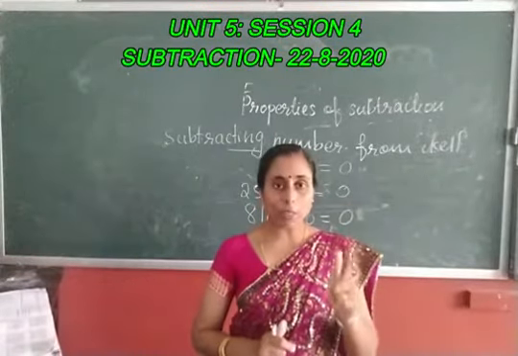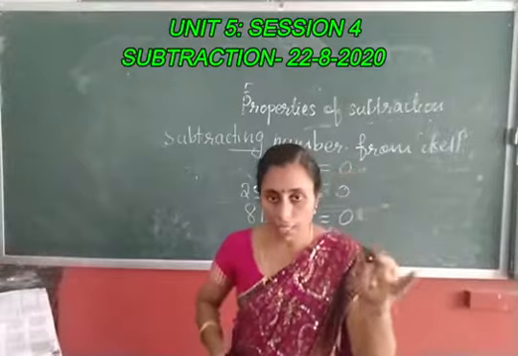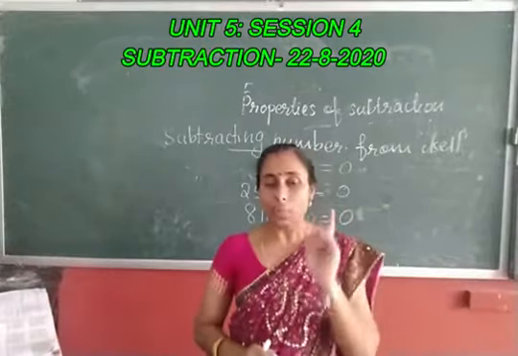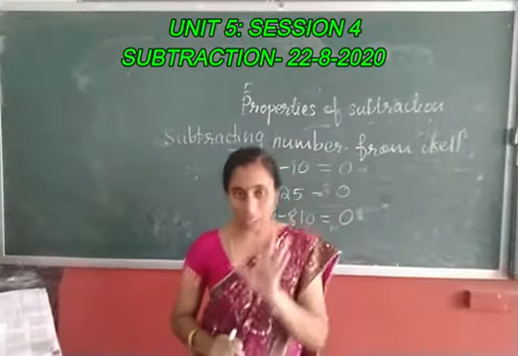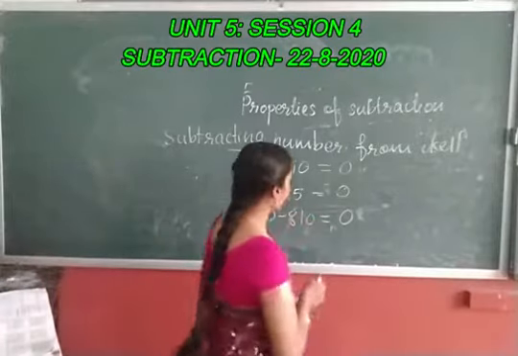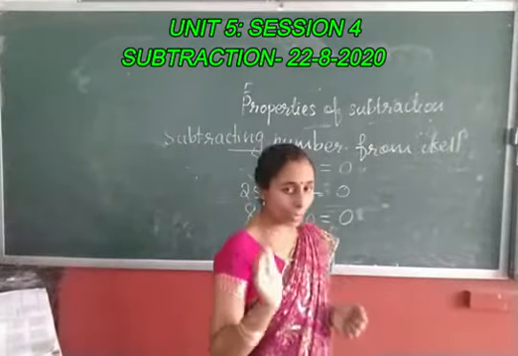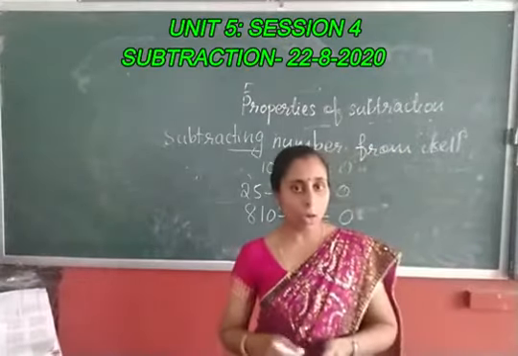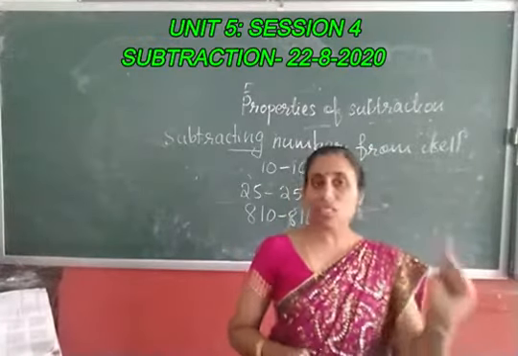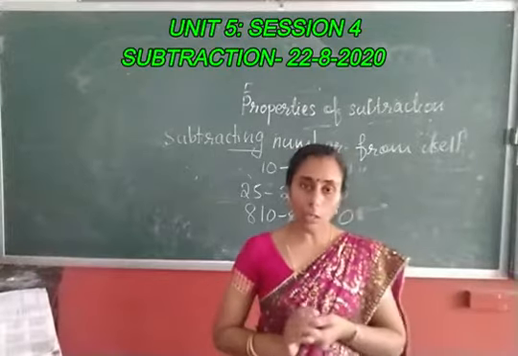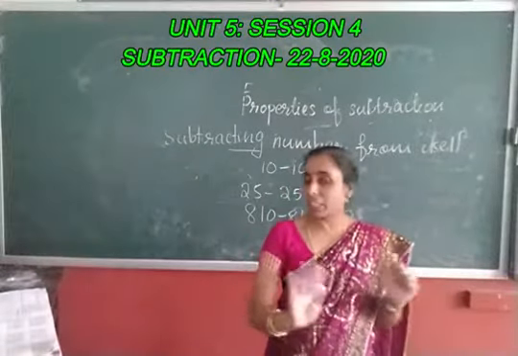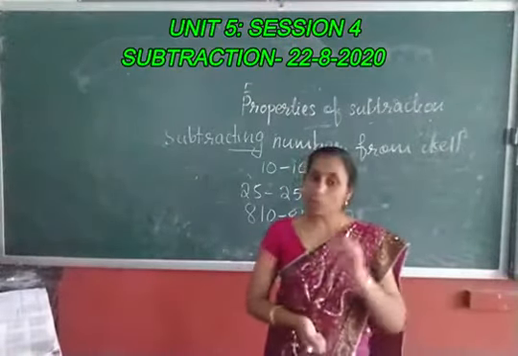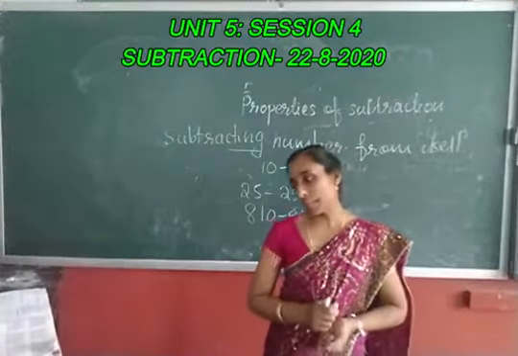What is the order of the subtraction? Minuend minus subtrahend is equal to difference, or bigger number minus smaller number is equal to difference. That is the order that we cannot change. That is one of the properties of subtraction.